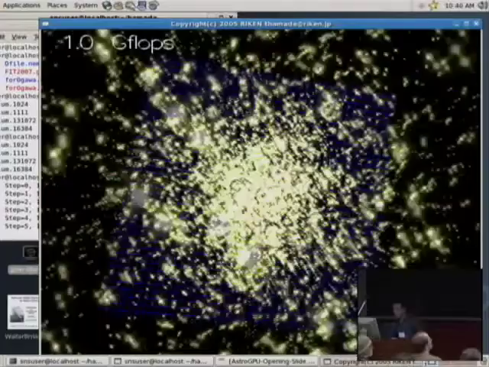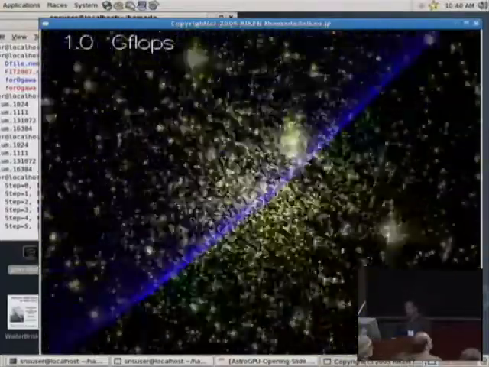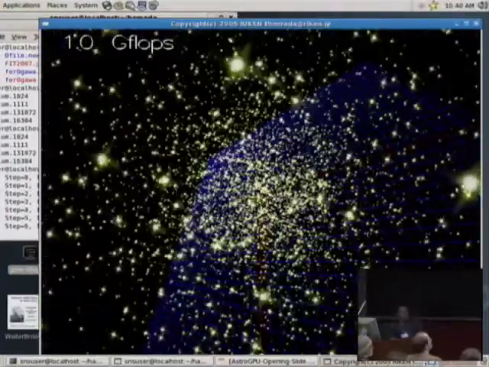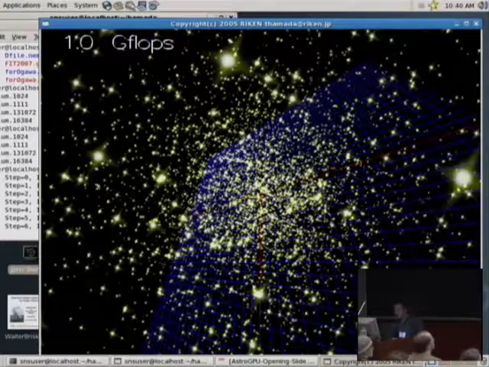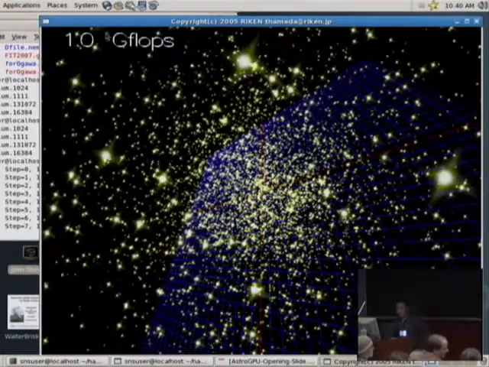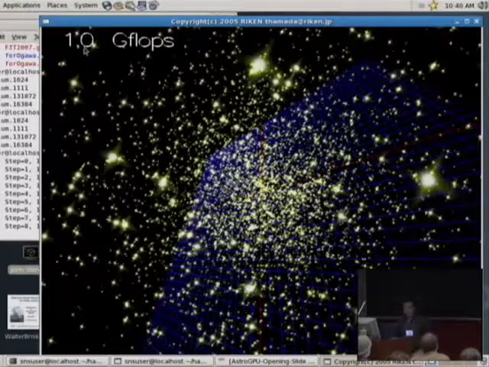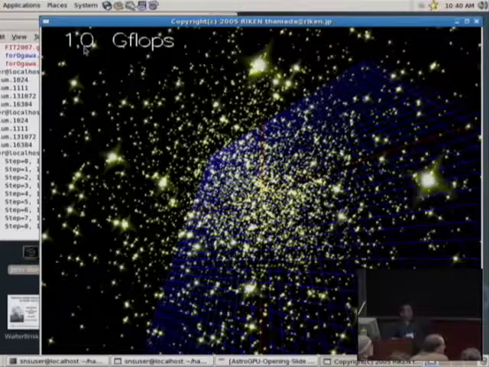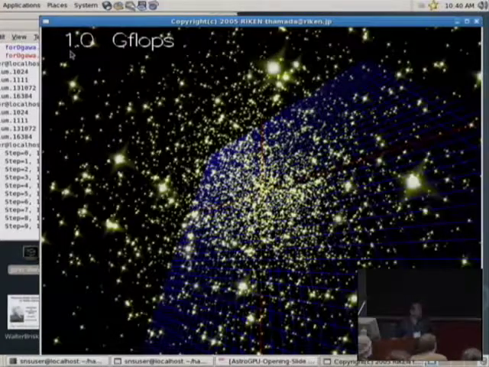The calculation is order n squared in three dimensions, where n is the total number of particles, and this calculation speed is about 1.0 gigaflops on the Core 2 Duo E6700.